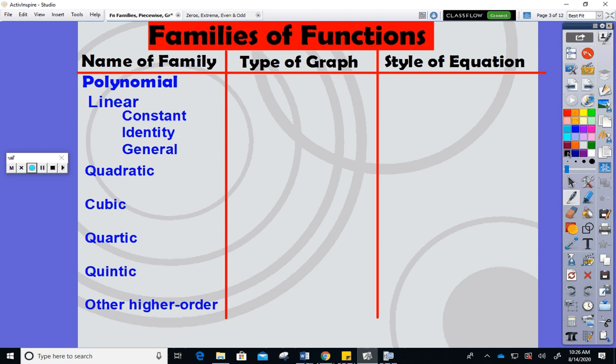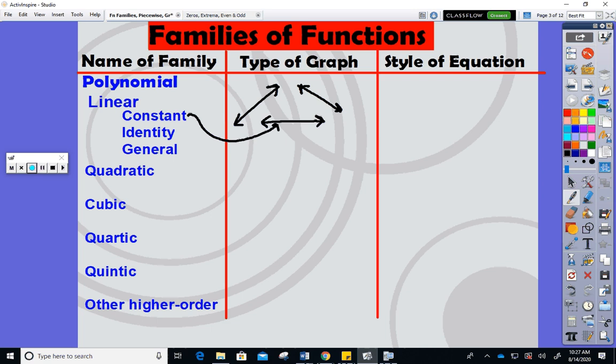So I know that lines are increasing or decreasing or horizontal. Now, I'm not going to write vertical because vertical lines would not be functions. They would fail the vertical line test.